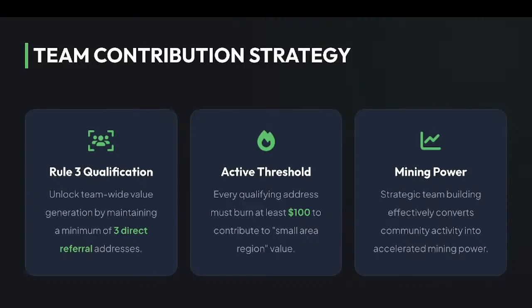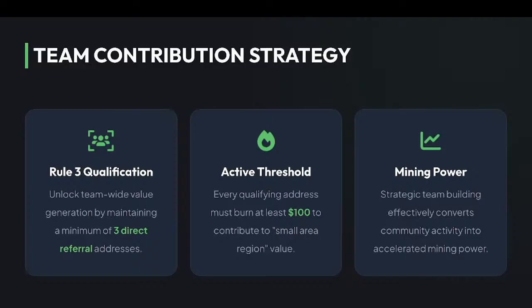Once they cross this $100 minimum threshold, they begin to generate what the system calls small area regional value. This small regional value is critical because it puts your total contribution points into the highest, more lucrative tier category.